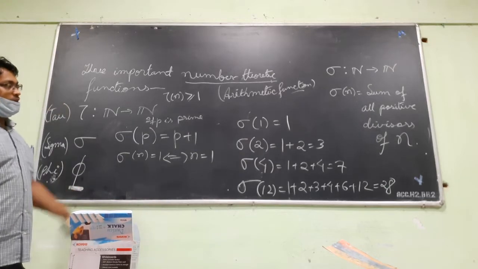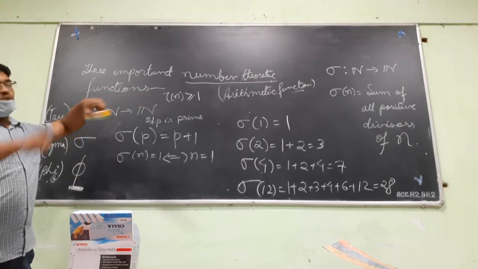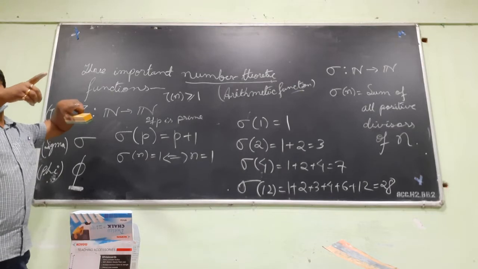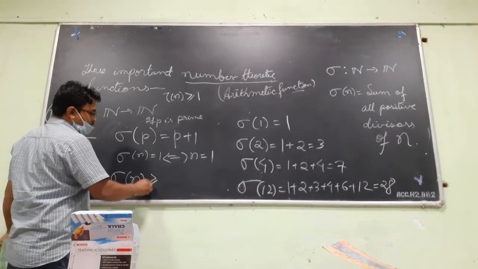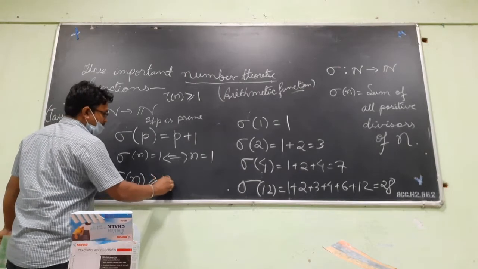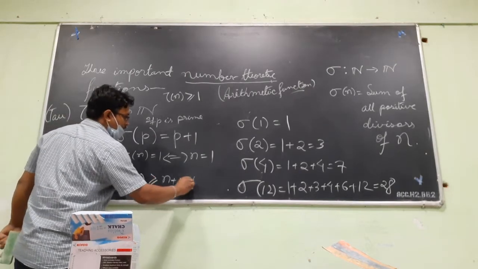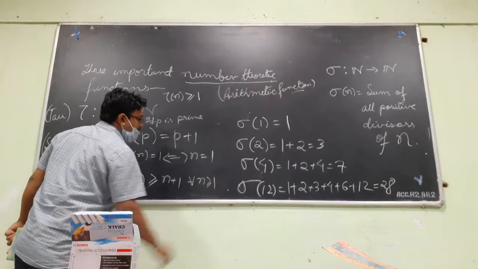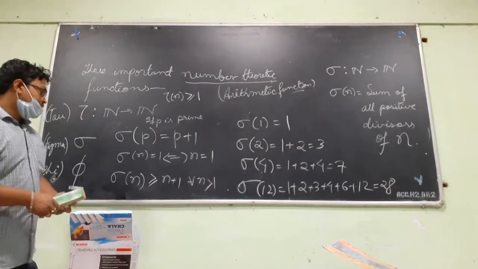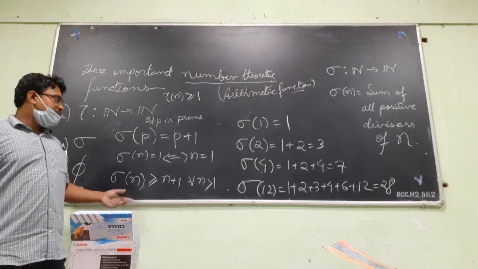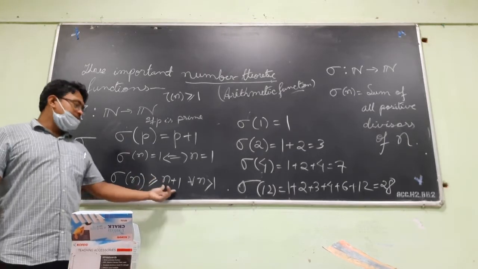For every other number, it will be greater than 1, because 1 is there and n itself is there at least. So sigma of n is always greater than or equal to n plus 1, for all n greater than 1. So sigma of n is at least n plus 1.